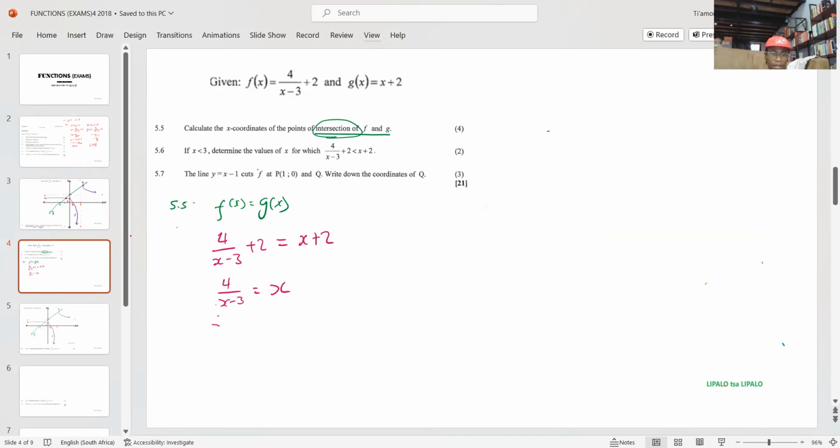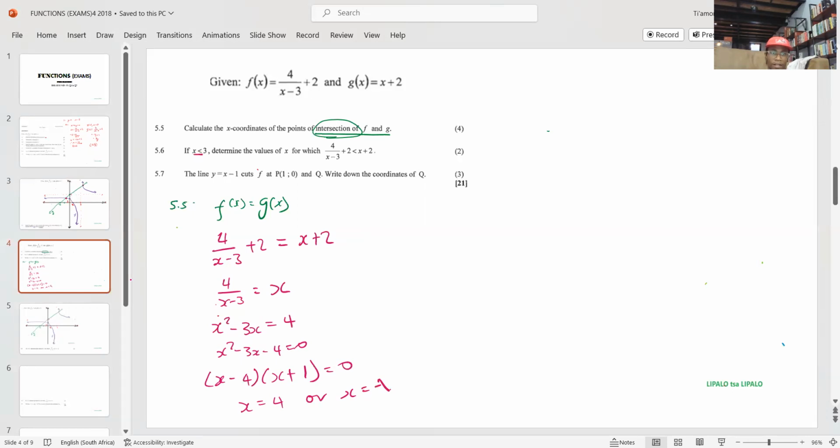Cross multiply: x squared minus 3x equals 4, then x squared minus 3x minus 4 equals 0. x minus 4, then x plus 1, equal to 0. So I have x being equal to 4 or x equals -1. So these are the intercepts.